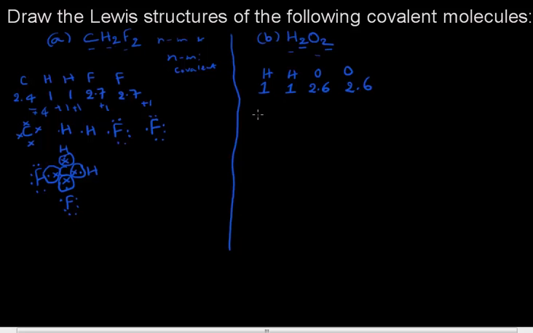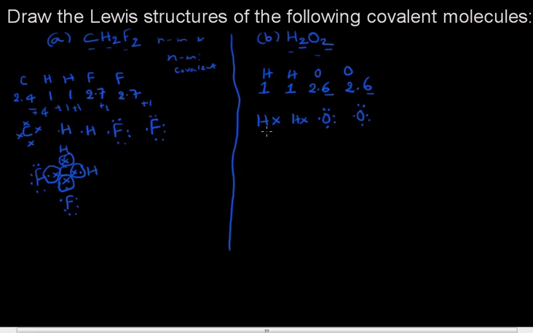Now let's show just the valence electrons of hydrogen with a cross. This hydrogen is also a cross, and each oxygen has 6 valence electrons. So let me use a dot. That's 1, 2, 3, 4, 5, 6 valence electrons, and this oxygen also has 6 valence electrons: 1, 2, 3, 4, 5, 6.